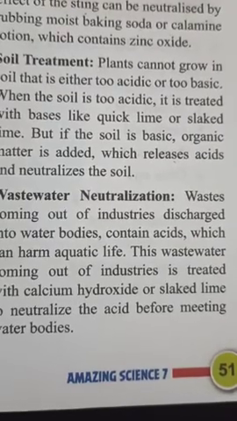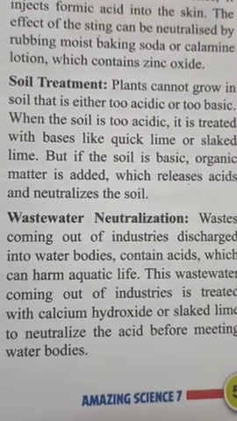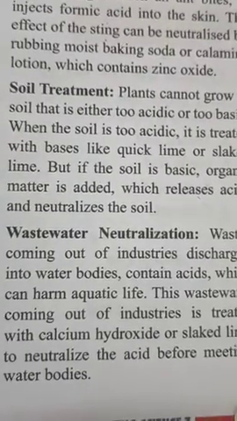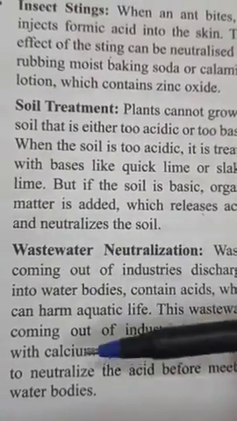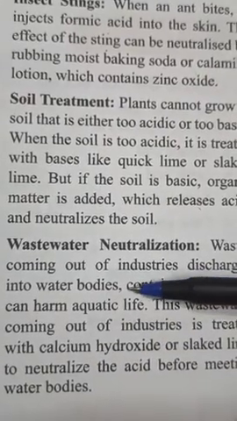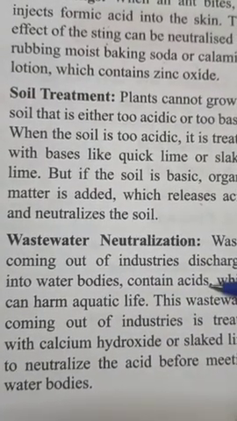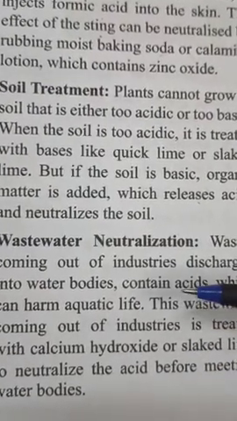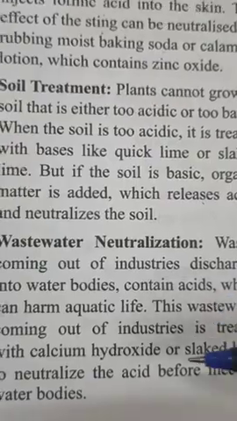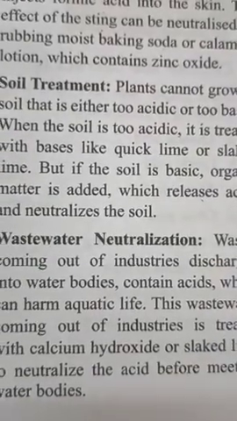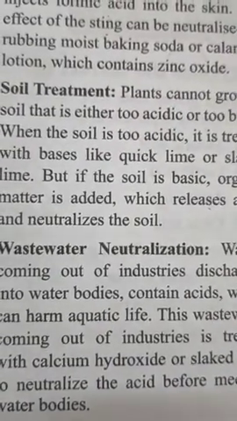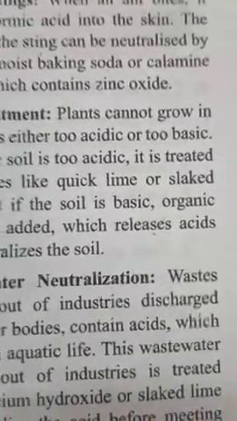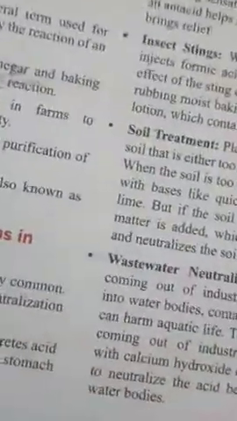This base is added to the wastewater which contains acids, and when the base reacts with the acids present in the wastewater, it removes the effect of the acids. They neutralize the action of acids. So this is called a neutralization reaction. After this we can use that water properly.